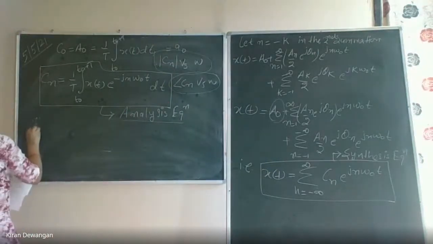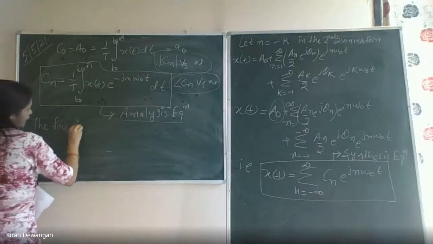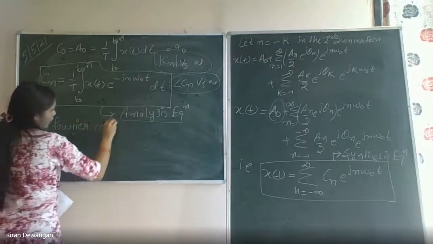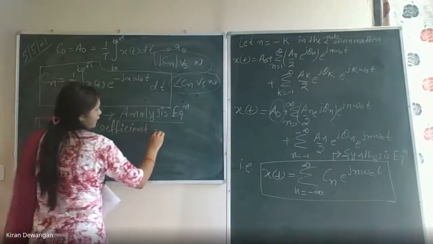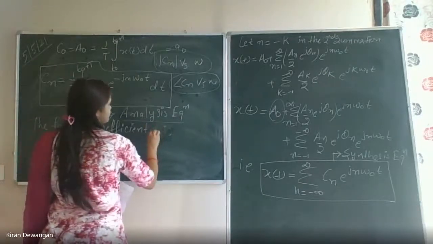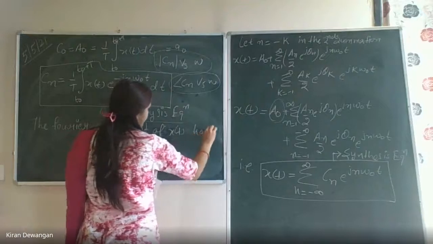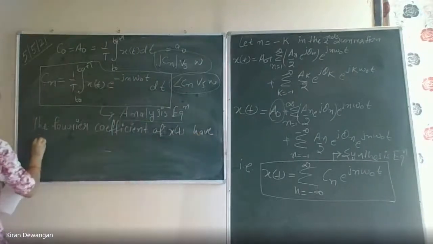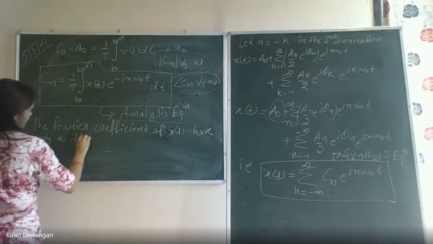The Fourier coefficient of xt has only a discrete spectrum.